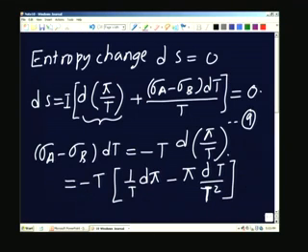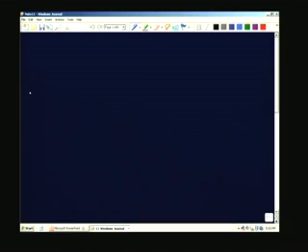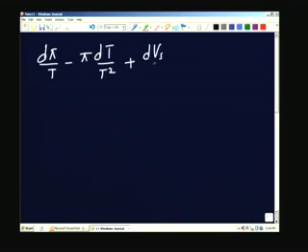So, if you do that, I will just write the final expression. I should get d pi by T minus pi dT by T squared, which is what we just now had, plus dVs by dT minus d pi by T equal to 0.